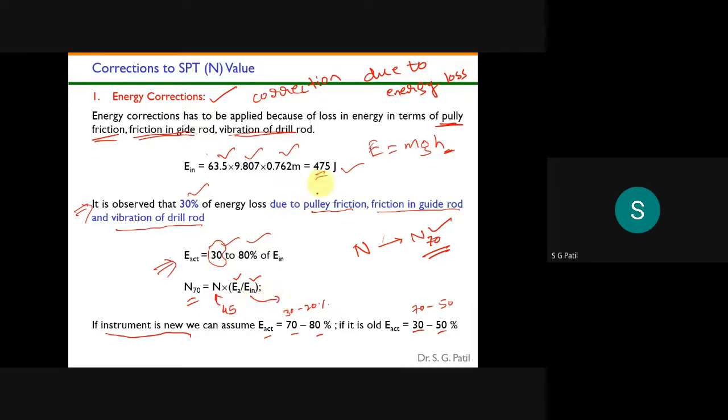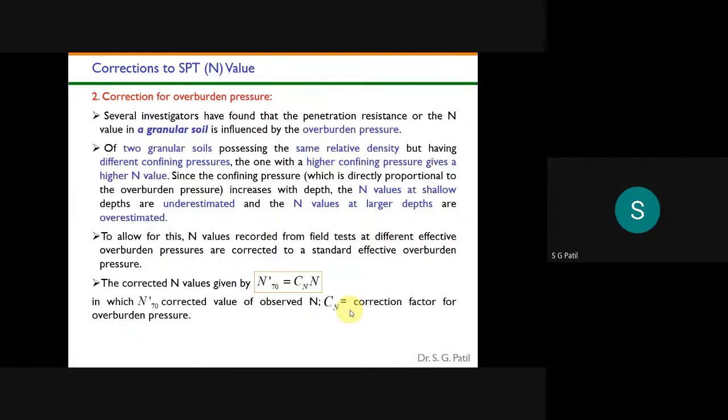E input is 475 joules, and E actual will be 70% of your E input, that is 70% of 475 joules. That ratio multiplied by your N value will give me N70, the number of blows after applying the energy correction. So that was one kind of correction we have done.